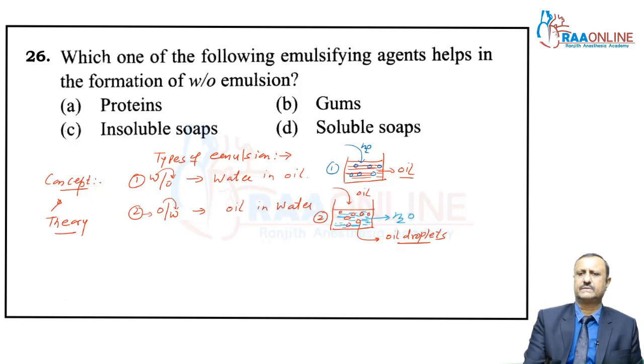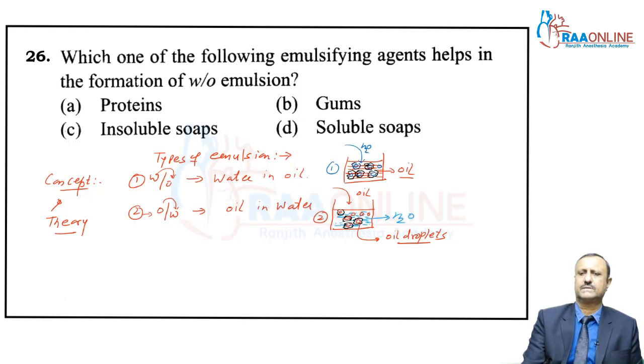My dear students, these droplets are stabilized by the addition of some extra substances. When we add these extra substances, the droplets of oil, or droplets of water, are stabilized, and these extra substances adsorb on the droplets.